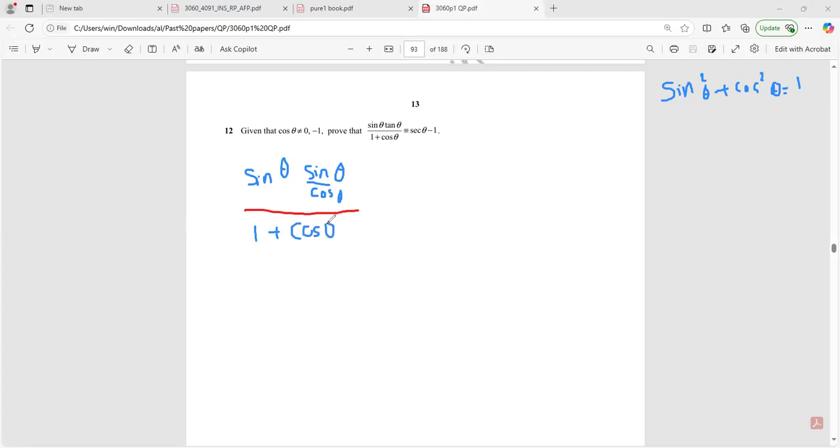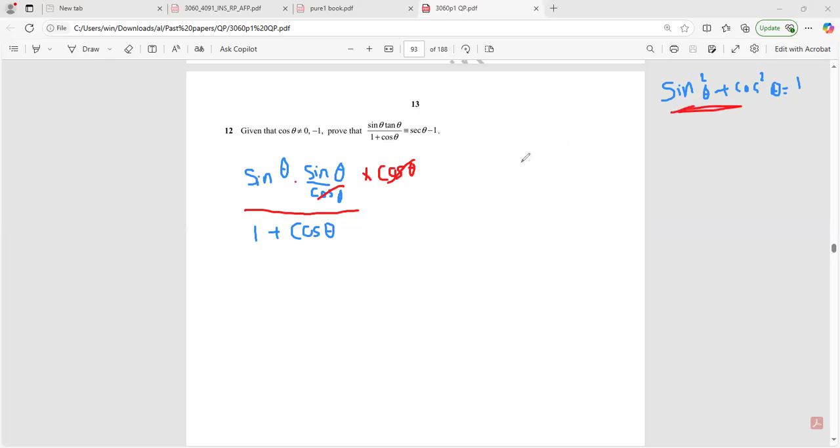Okay. Here I'm going to multiply numerator and denominator by cosine theta, just to remove this cosine theta from here, and make it sine multiplied by sine.